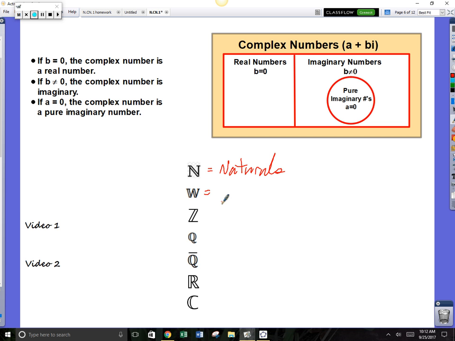W, if you ever see just a shorthand W with 2 bars, that's talking about the wholes. Z, if you gotta guess Z, Z introduces what? Who said it? Integers.